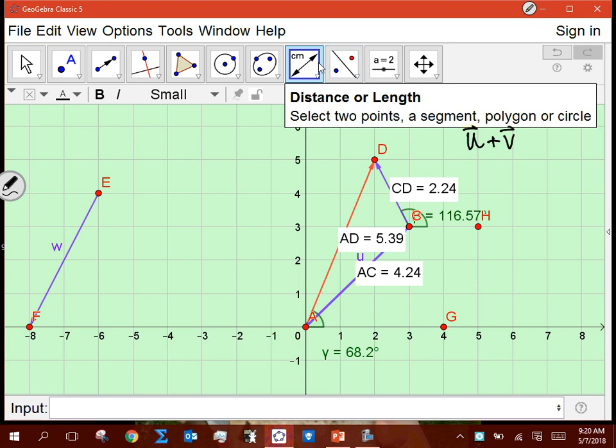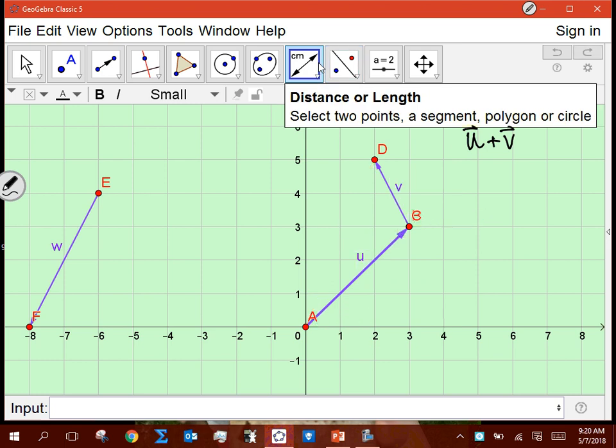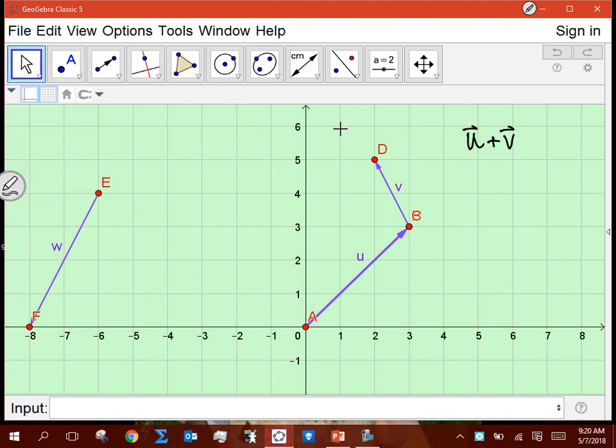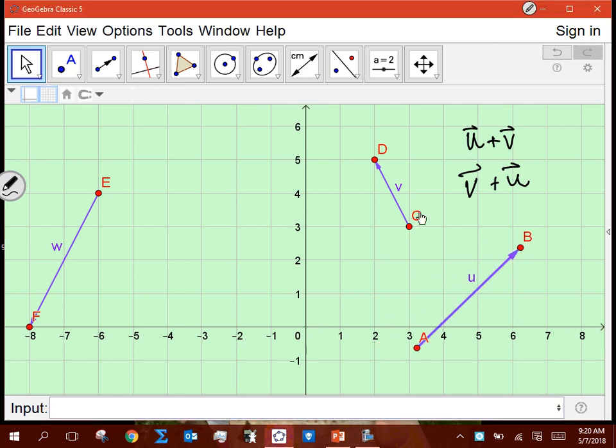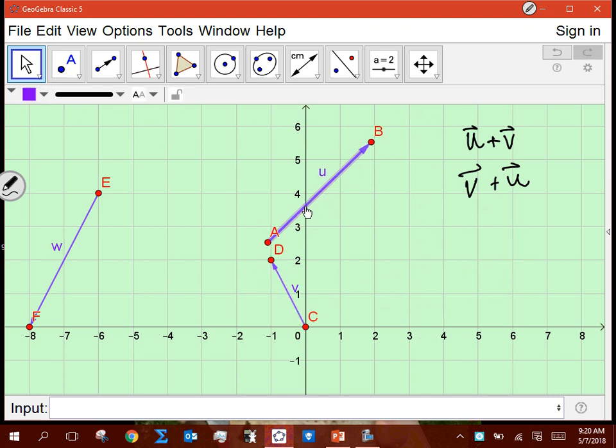In all, vector addition is kind of predicated off that. Okay, it's the same concept all the time. Now the question is, does this matter? If I flip-flop U plus V and V plus U, does that matter? Well, for V plus U, we start with V at 0, 0, and then add U to that tip to tail, and I put in this resultant.